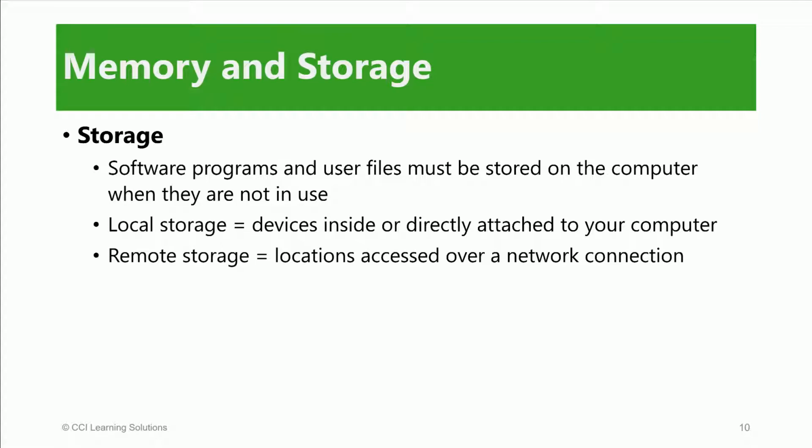Storage. Software programs and user files must be stored on the computer when they're not in use. Local storage is devices inside or directly attached to your computer. A remote storage is located in a location accessed over a network connection.